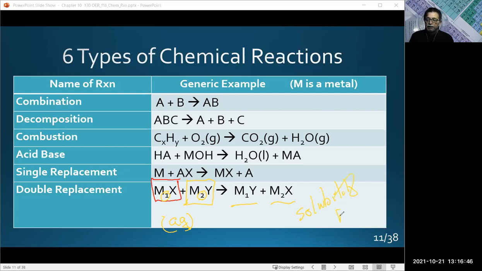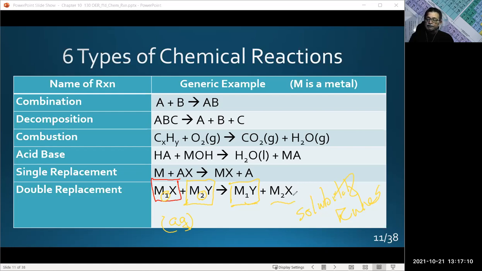Okay. Now, for example, if M1Y, notice that M1 used to be partnered with X. Now they just exchanged partners, made a new compound. If M1Y is insoluble, based on the solubility rules, then we get a reaction, okay?